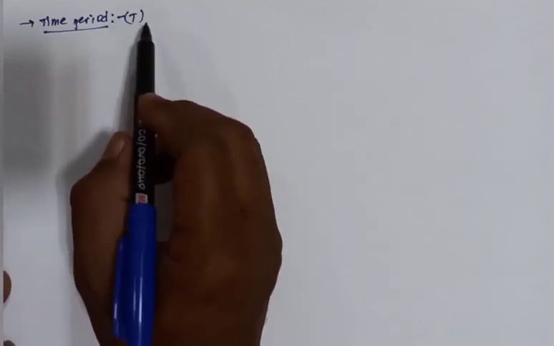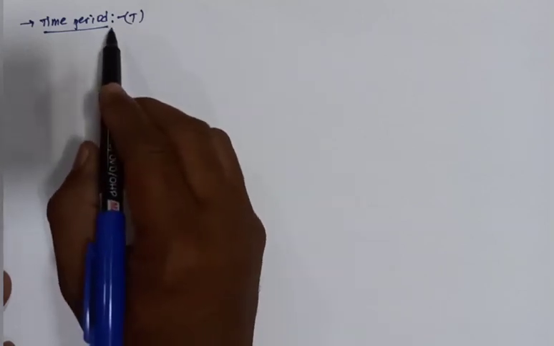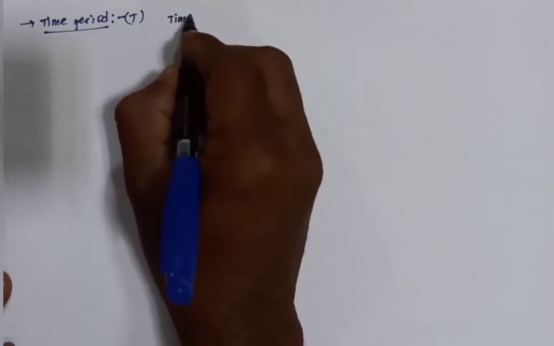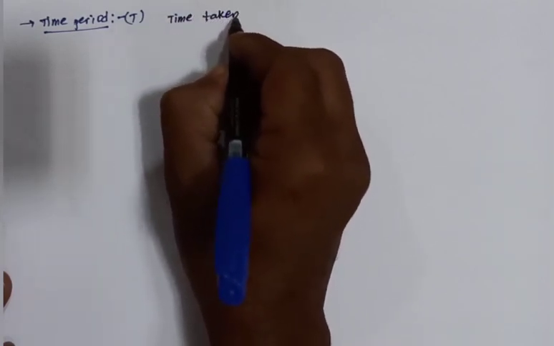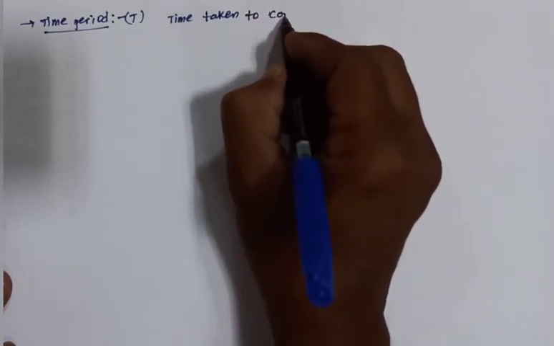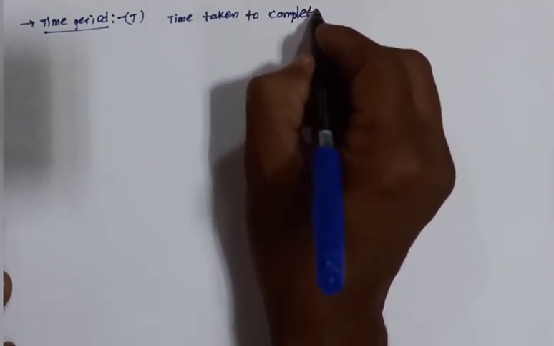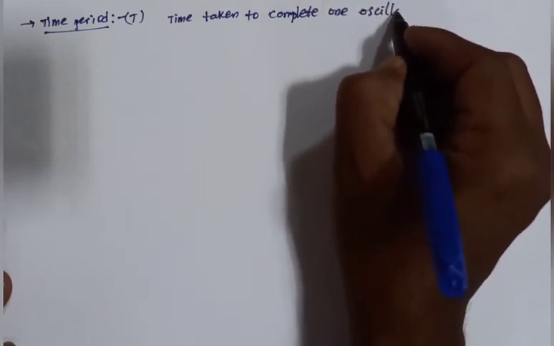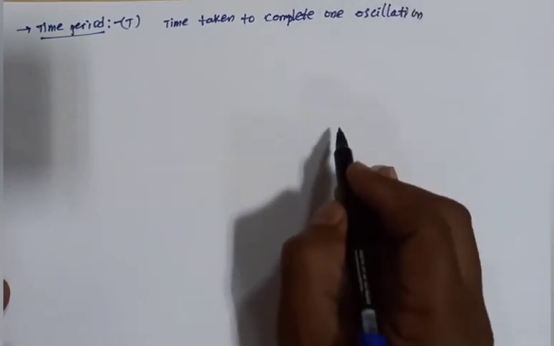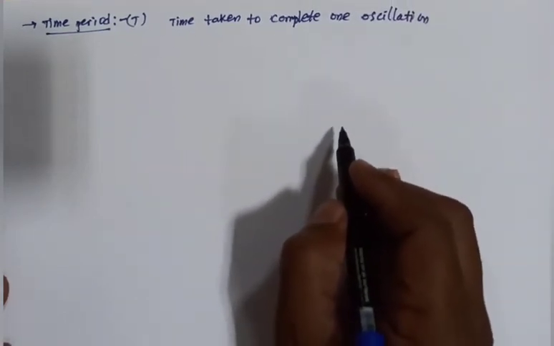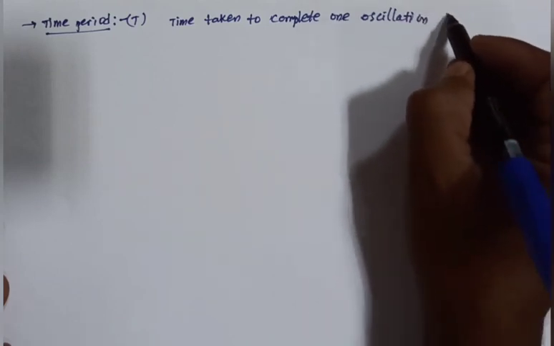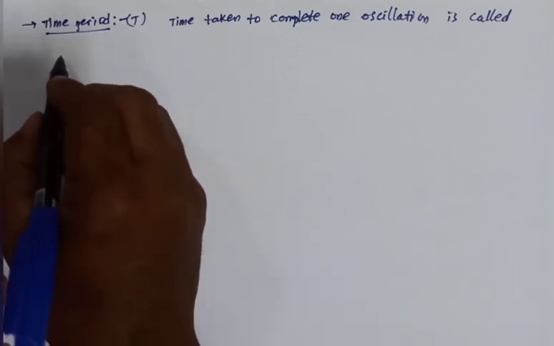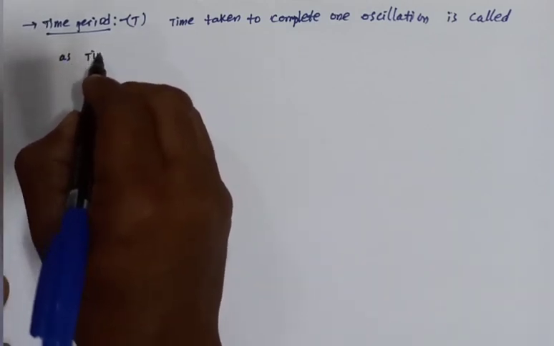So in waves, the time taken to complete one oscillation is called the time period.